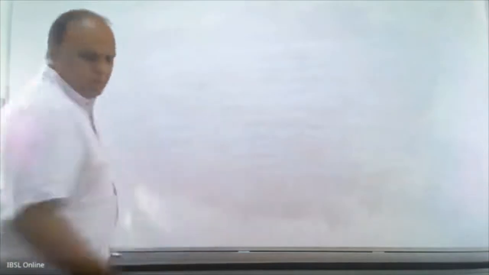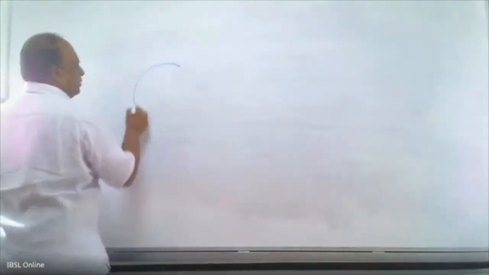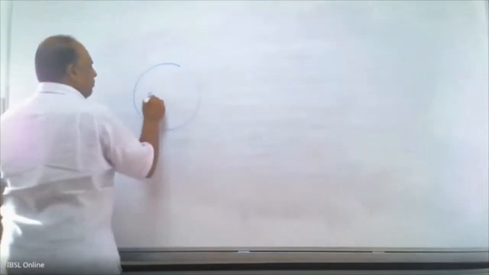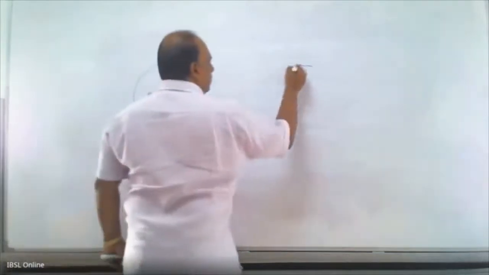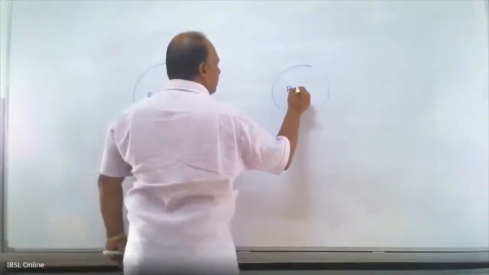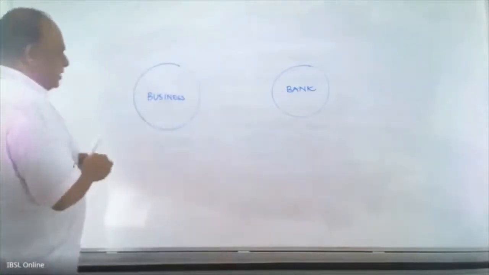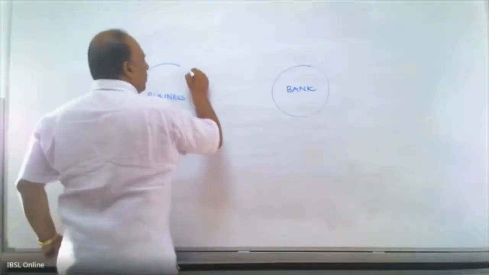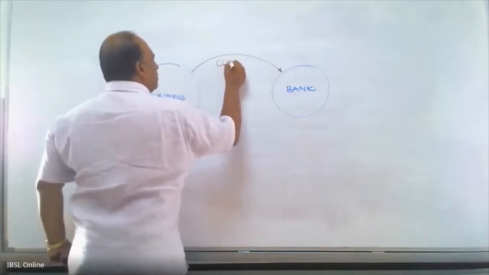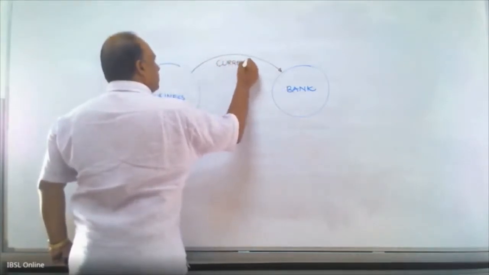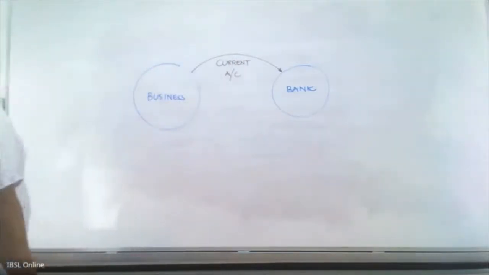So you need to be very careful about understanding this. This is very important. You have the business here. This is the bank. Right? Business and the bank. So the business is going to open a current account with the bank, right?